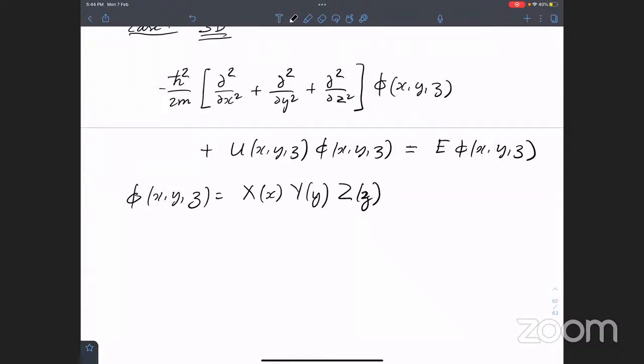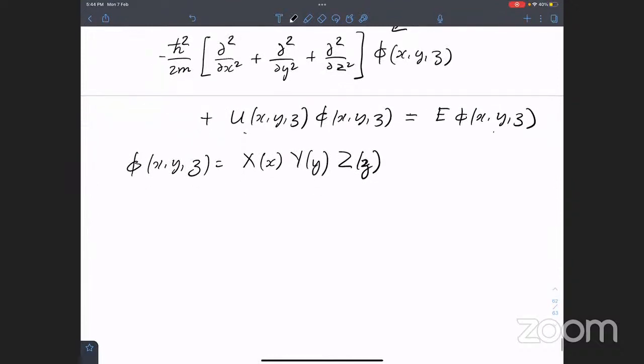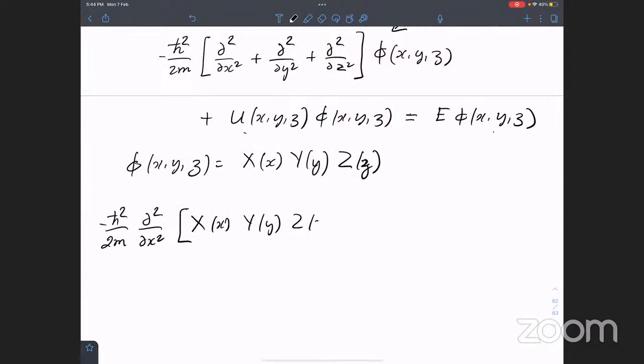Okay. And when we do this, the second and the third term are kind of easy to write, right? So let us just see what will happen to this first term. If I do this, minus h squared by 2m d squared dx squared, acting on X of x, Y of y, Z of z, what will happen?